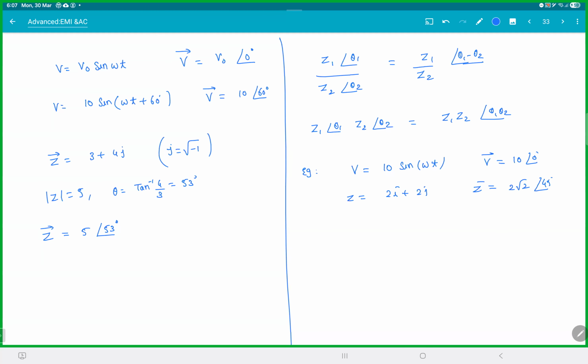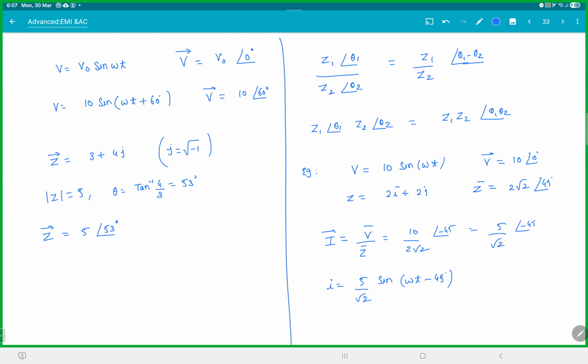So the current I bar is nothing but v bar by z bar, which becomes 10 by 2 root 2 angle minus 45, which is 5 by root 2 angle minus 45. This is the phasor form of current. When you bring it back to the sine function, the current I becomes 5 by root 2 sine (omega t minus 45). You're getting how we got the current?